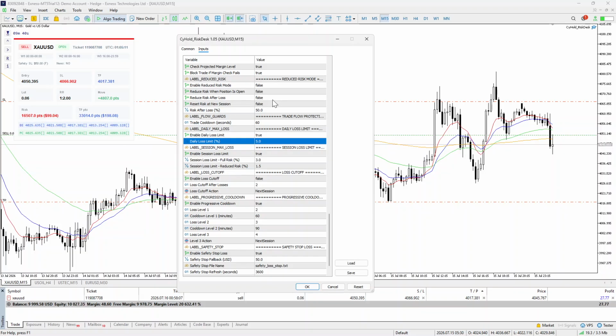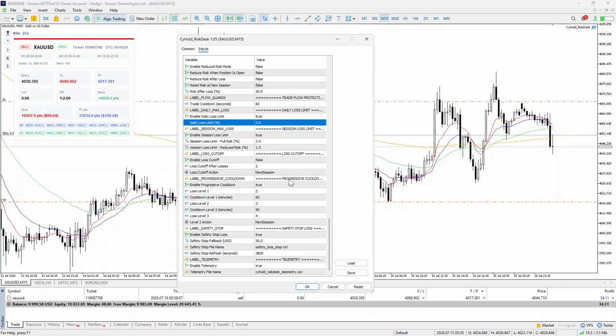So if you put a reduced risk, you risked like 1%, the next trade will automatically be reduced by half of what you put when you click, and it will only increase to the full risk after you have a win. Okay?